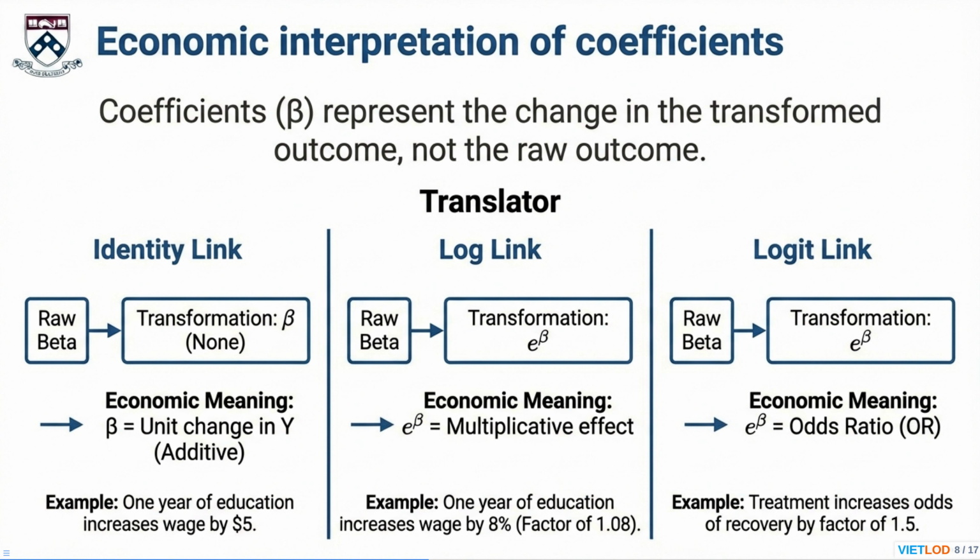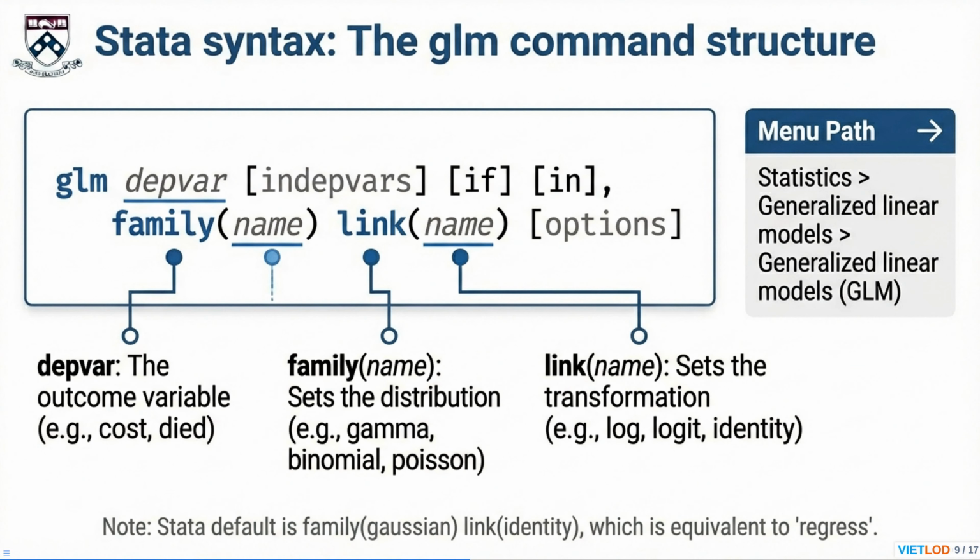Lastly, with a logit link, which is common in binary outcome models, e to the power of beta is interpreted as an odds ratio. This tells us how the odds of an event occurring change for a 1-unit increase in the predictor. For example, a treatment might increase the odds of recovery by a factor of 1.5. Understanding this nuanced interpretation is absolutely key to communicating your GLM results effectively.